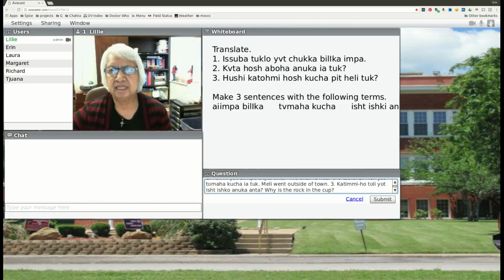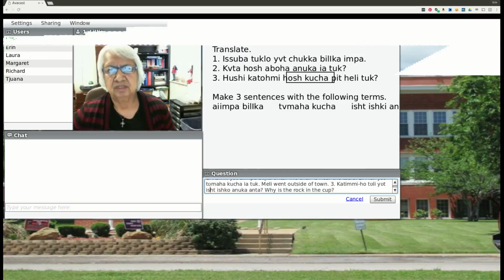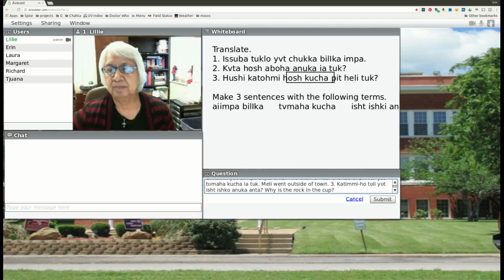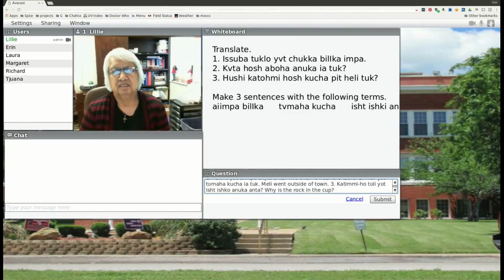Kucha pithili is your location, position phrase. Flew outside. We understand pit is not translated to English. Kuchapit hilitok. Flew outside. How many birds flew outside?